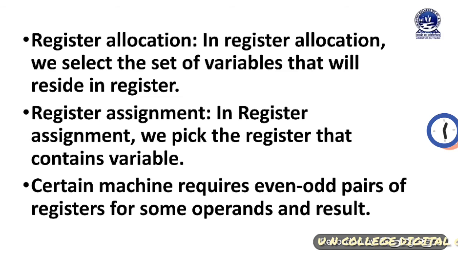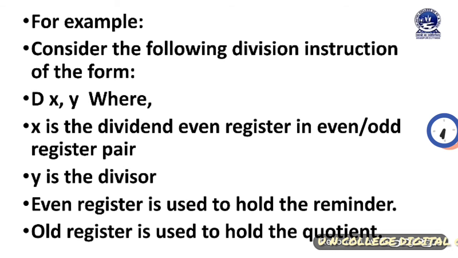Then register assignment. In register assignment, we pick the register that contains the variable. Certain machines require even-odd pairs of registers for some operands and results. Now I am going to give one example so that you will be clear.